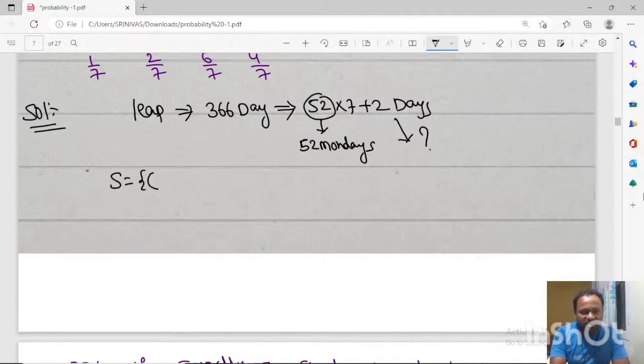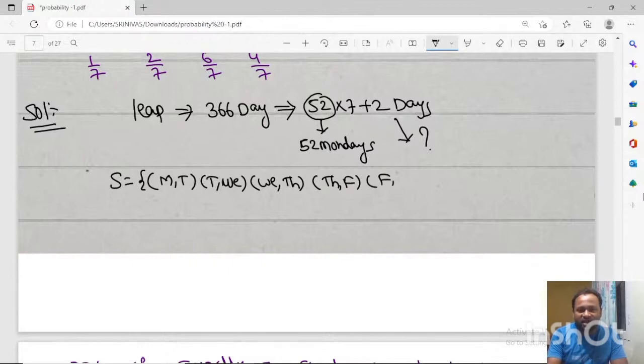Those 2 days are Monday, Tuesday, or Tuesday, Wednesday, or Wednesday, Thursday, or Thursday, Friday, or Friday, Saturday, or Saturday, Sunday, or Sunday, Monday.